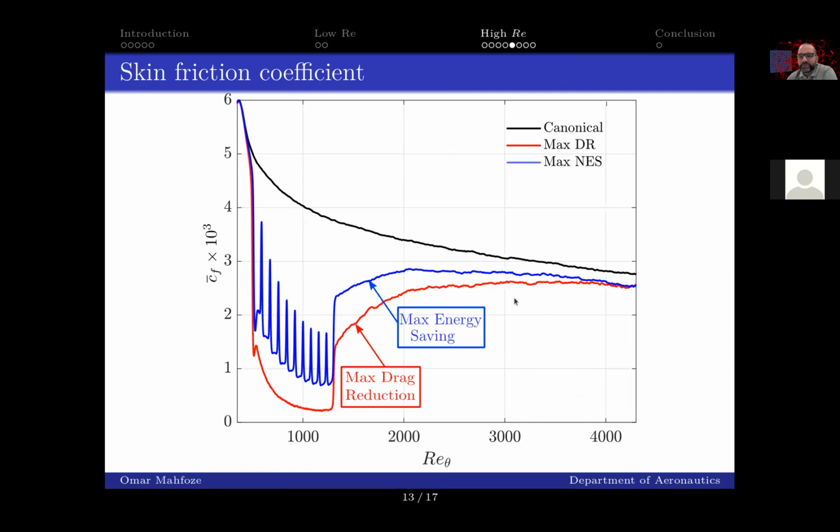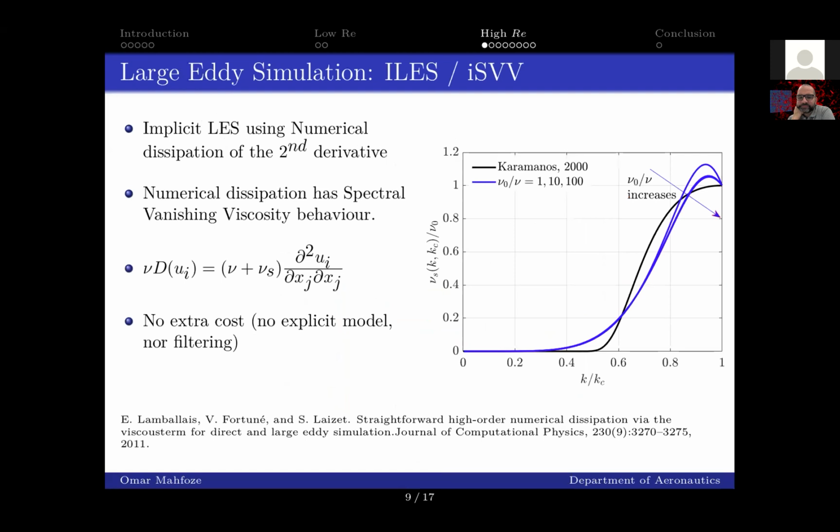Okay, thank you. Vishal, you have a question. Hi, I was just curious about when you go from DNS to implicit ILES, were you able to make big changes in the wall region, or were the main changes in the grid in the outer region only?